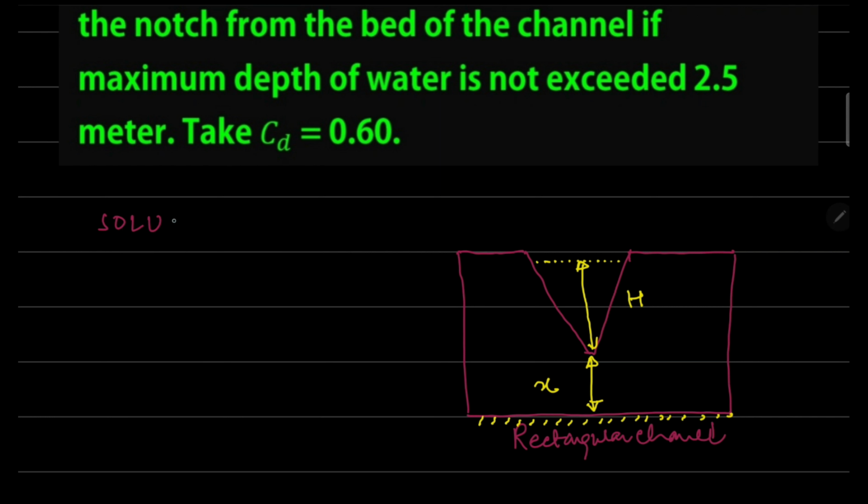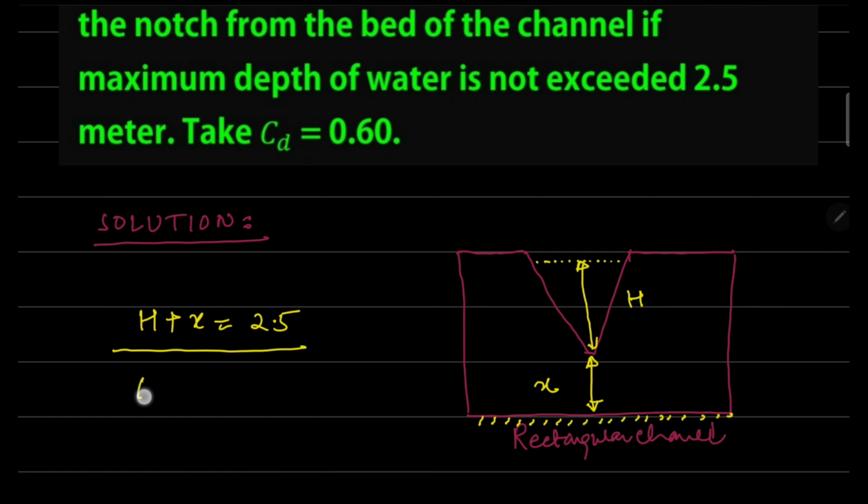So we are starting the solution. The statement written over there says that h plus x should be 2.5. If we figure out this particular thing, then everything is possible to resolve.